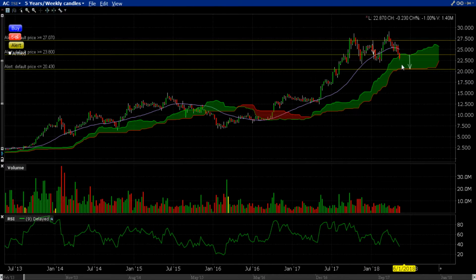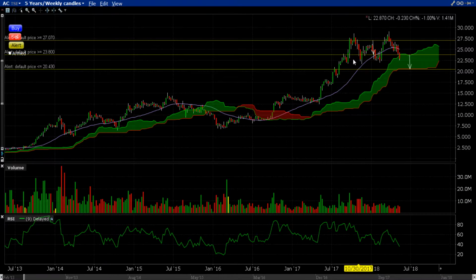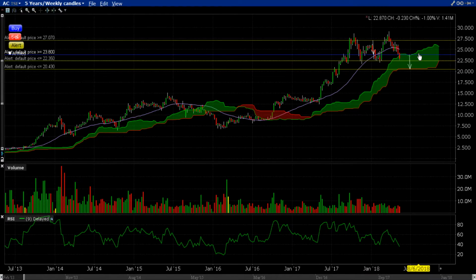What do we have here? The breakdown line actually is a little lower, because on that weekly chart, you have more noise. Here's the close for the 23.80, 23.75 is the close for the monthly.